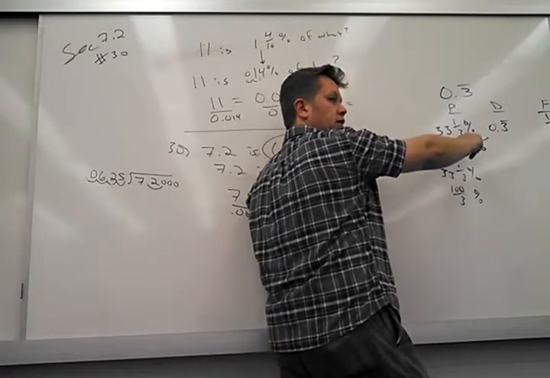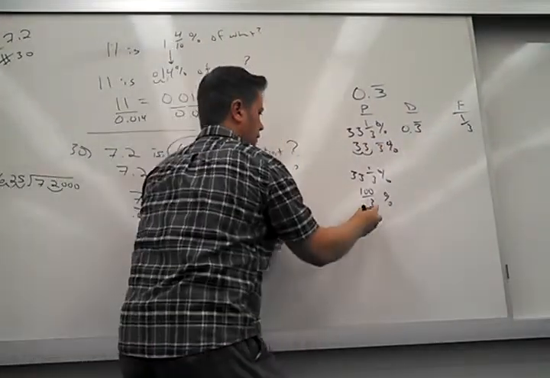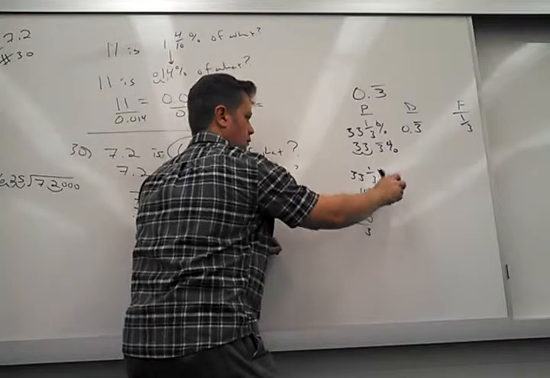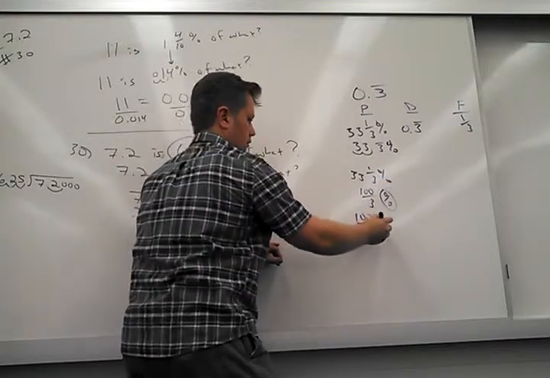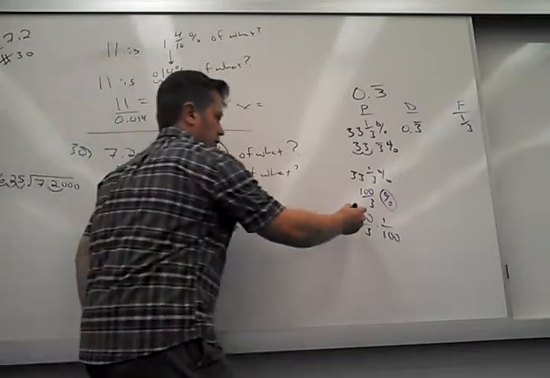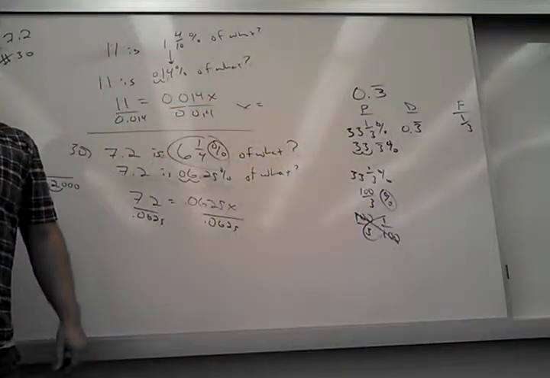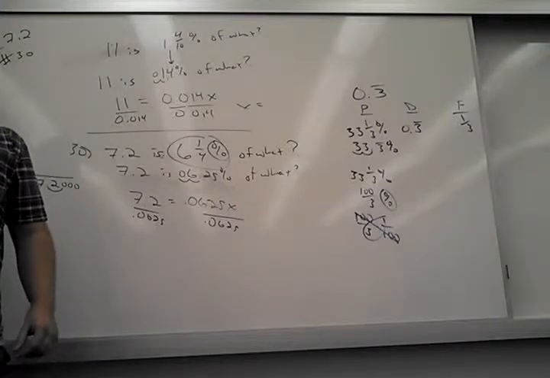And when I divide by 100, what does the decimal do? It goes back twice. That's really what I'm doing. So right here I could say this is 100/3. What's the percent symbol mean? Divide by 100. And what happens there? 1/3. Yeah. So you could do that also.